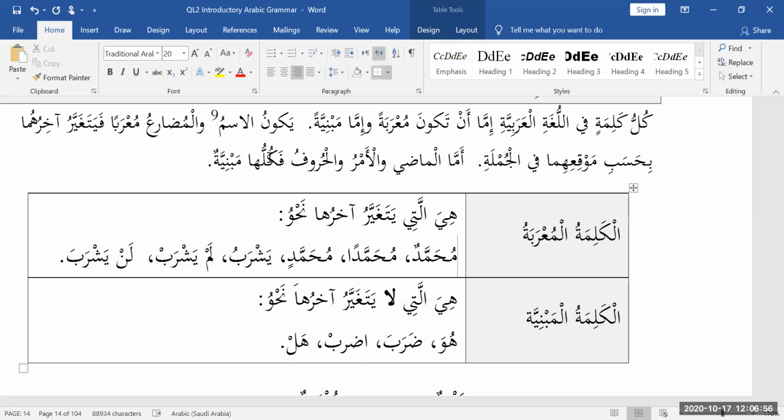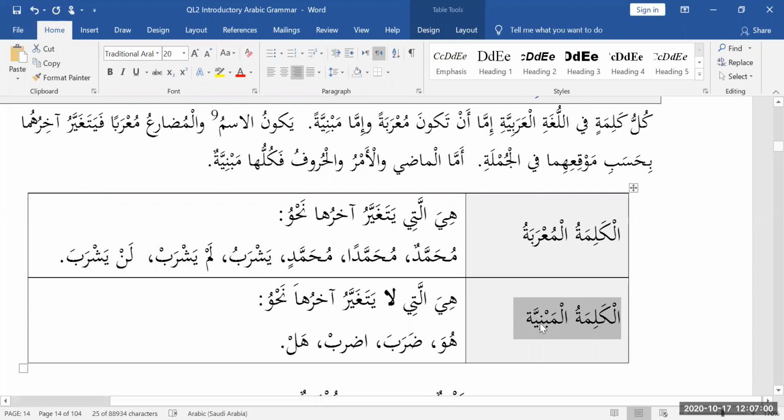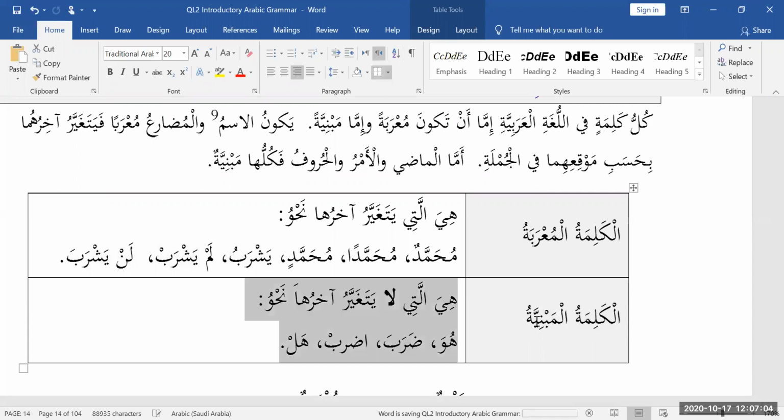So the words that don't change, al-kalimatul mabniya, هي التي لا يتغير آخرها.